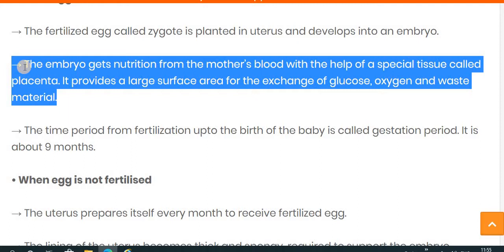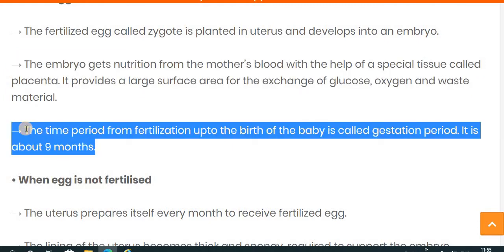The placenta is a special tissue which helps the embryo get nutrition from the mother's blood. It provides a large surface area for the exchange of glucose, oxygen and waste material.